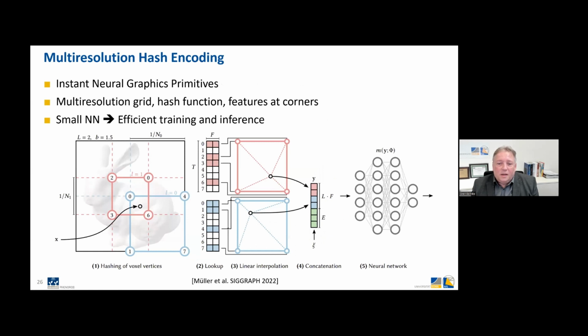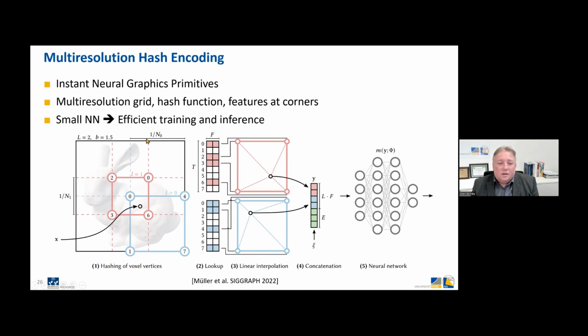One trick to overcome a limitation of these neural radiance field methods that are quite slow to train is called instant neural graphics primitives. It has been proposed by Müller and colleagues at last year's SIGGRAPH. And the idea is very simple.